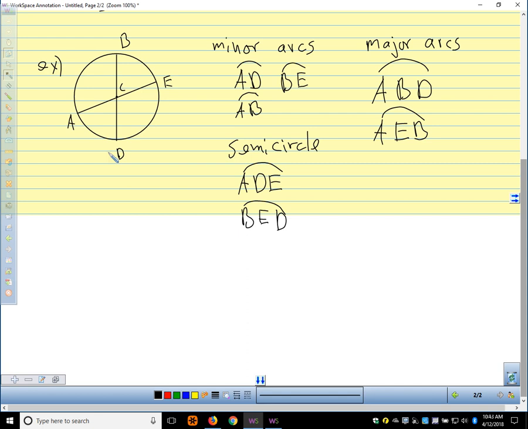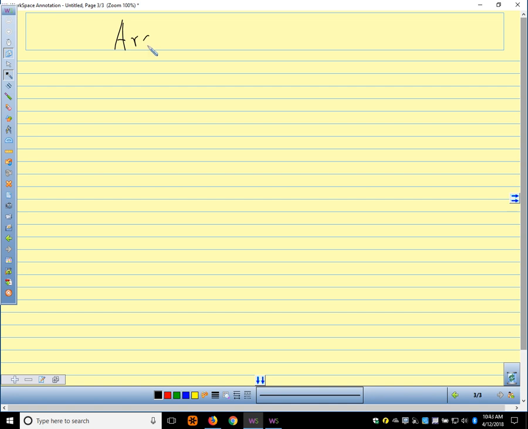Other than naming arcs and deciding if they're major or minor, we want to know how we measure them. So let's talk about that. The first way is what we call arc measure, and arc measure has to do with angles.